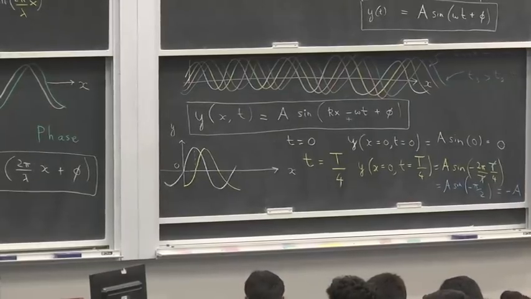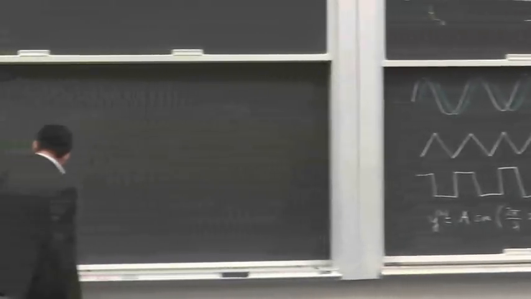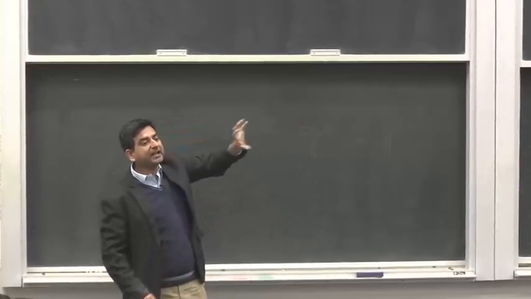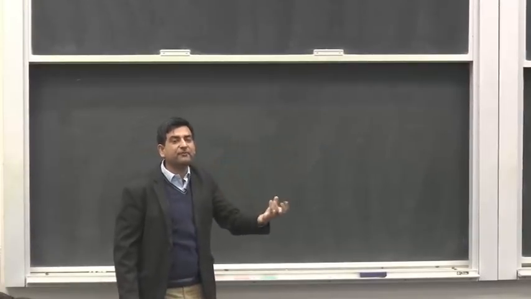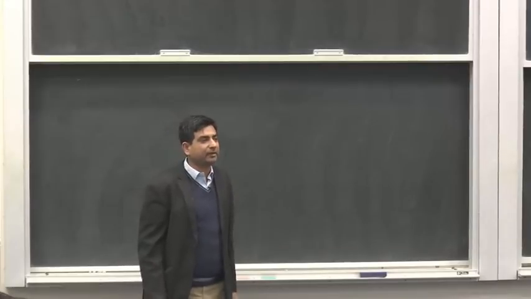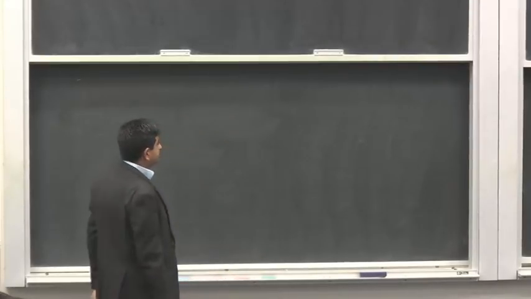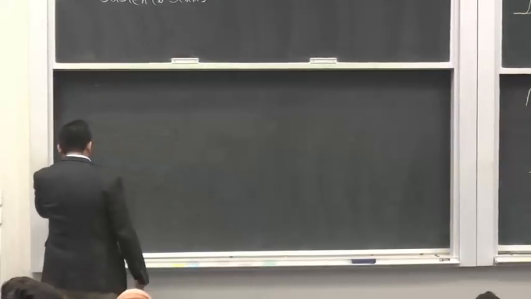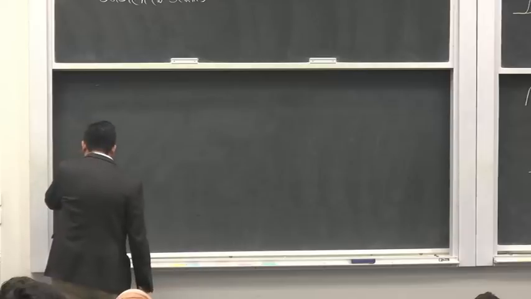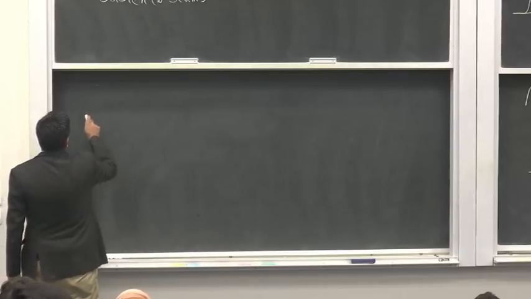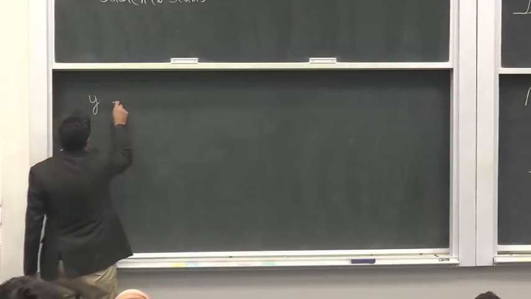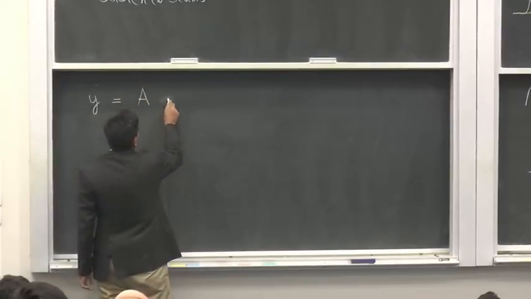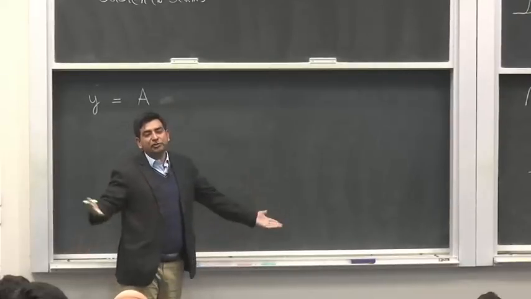So now what I would like to do is express that mathematical form in the form of a complex number. Now, y equals A. Instead of sine, I can also write cosine.